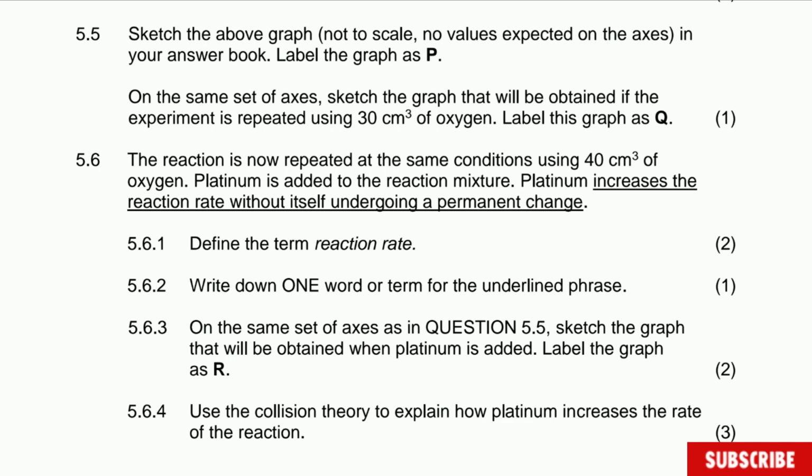The reaction is now repeated at the same condition using 40 cubic centimeters of oxygen. Platinum is added in the reaction. Platinum increased the rate of the reaction without undergo a permanent change. Guys, this one, before even reading anymore, is a catalyst. Platinum here was a catalyst. Define the term rate of reaction.